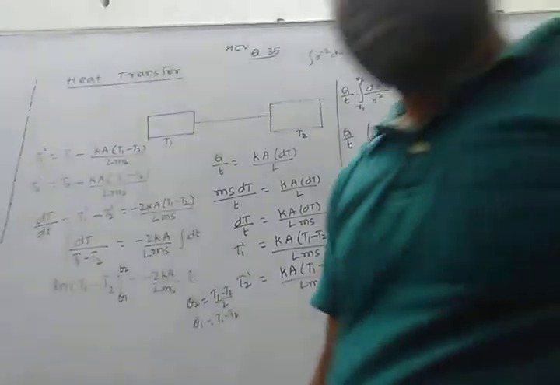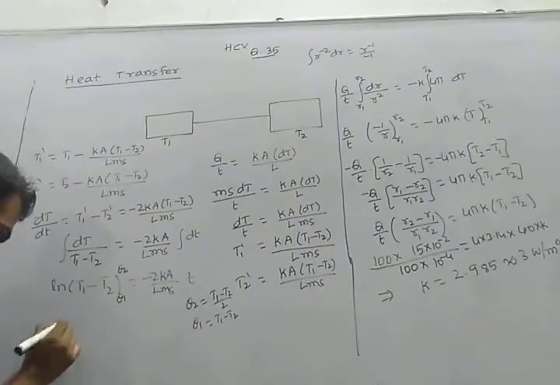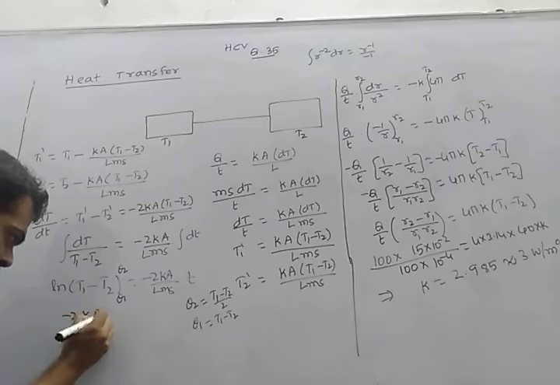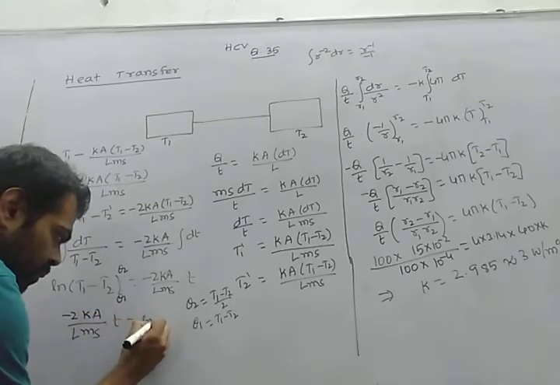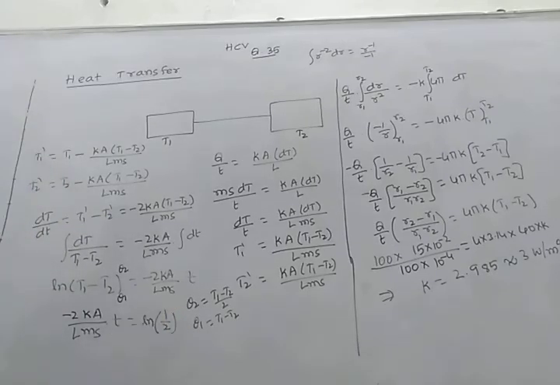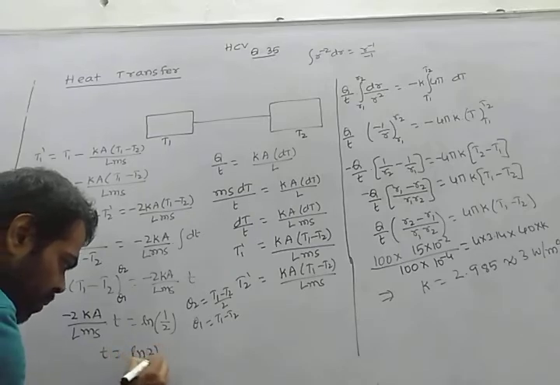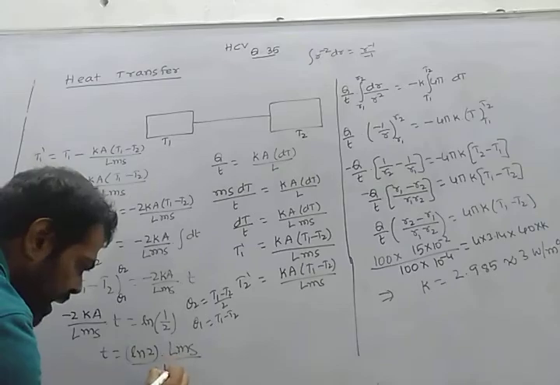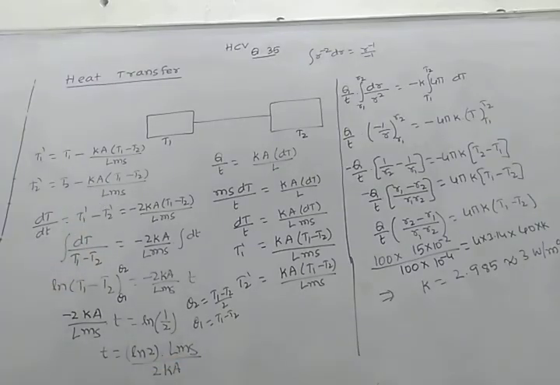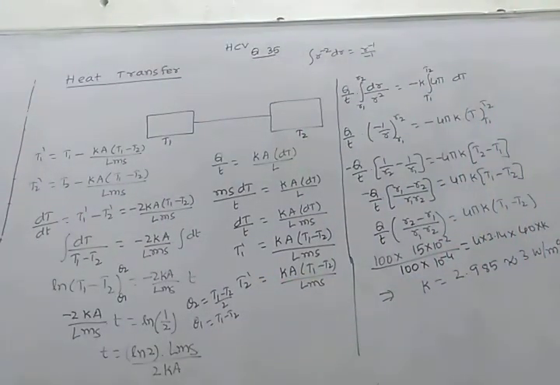Upon substituting the values, we will get minus 2 Ka by Lms into t is equal to ln 1 by 2. So t is equal to ln 2 into Lms by 2 Ka, that is the time of ln 2 into Lms by 2 Ka.